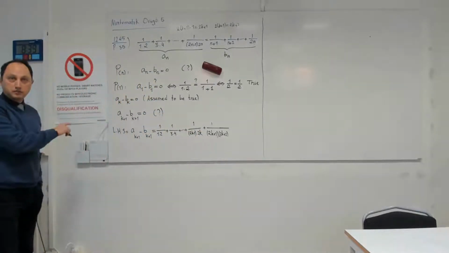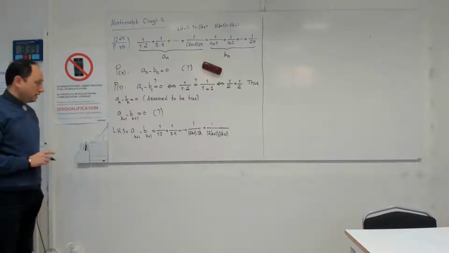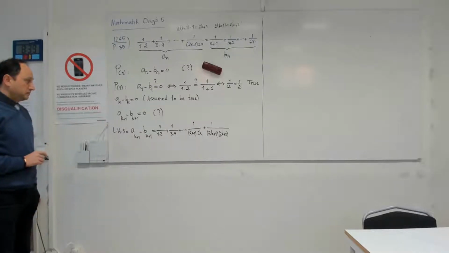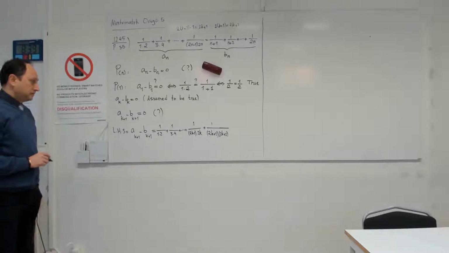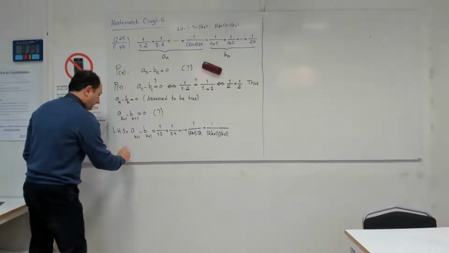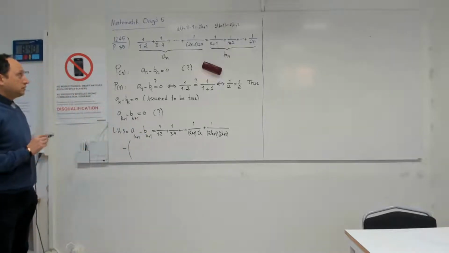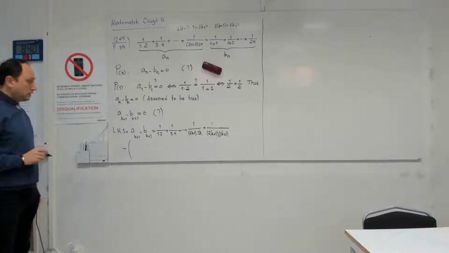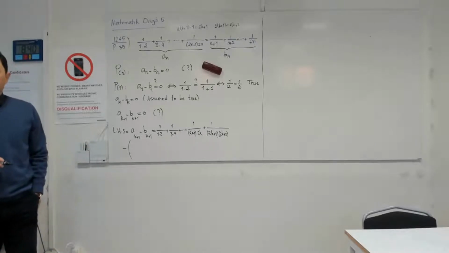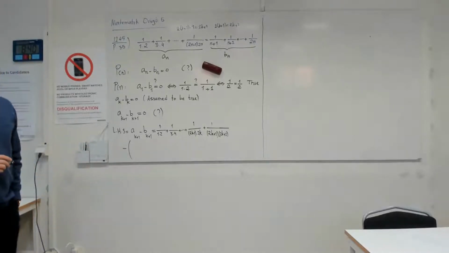Is that understandable? What I have written is just A sub k+1. Minus, let me open a pair of brackets to write B sub k+1. But what should I write for B sub k+1? Yes? 1 over k plus 2.